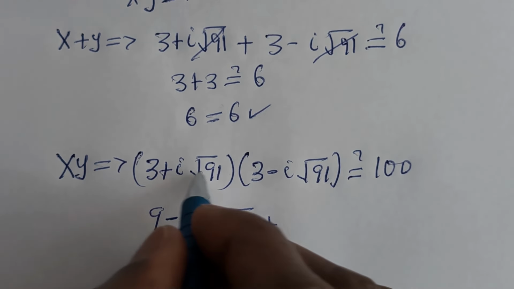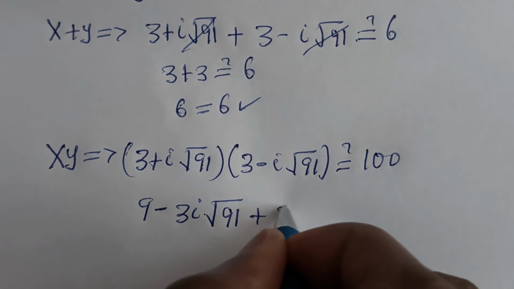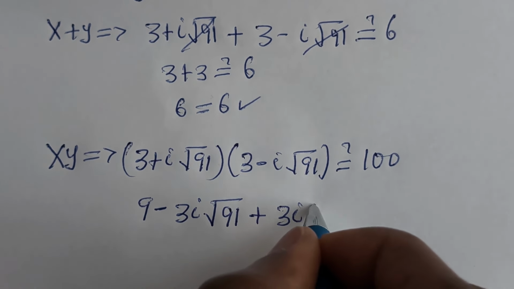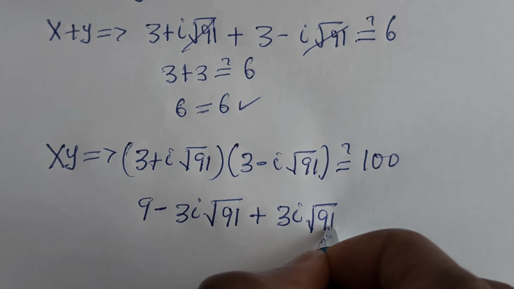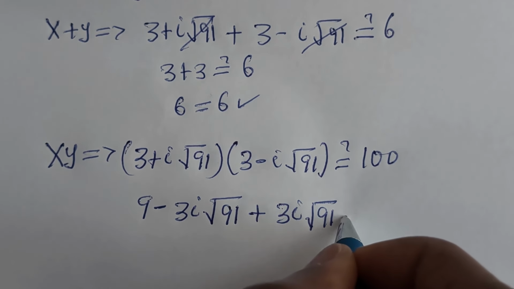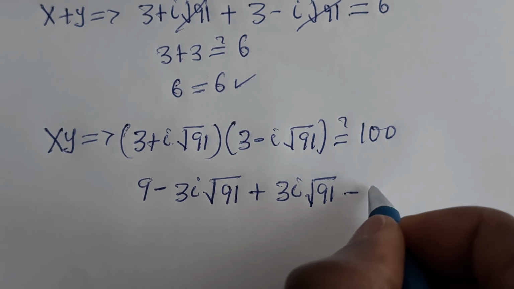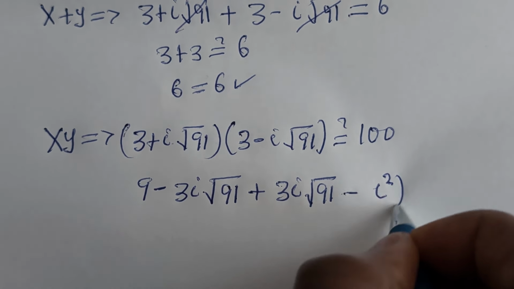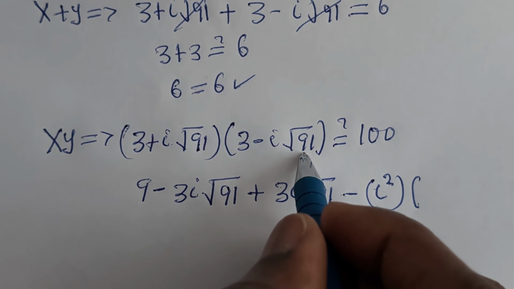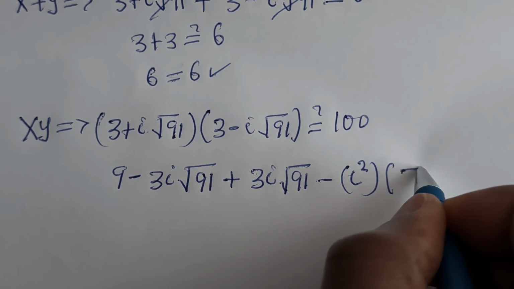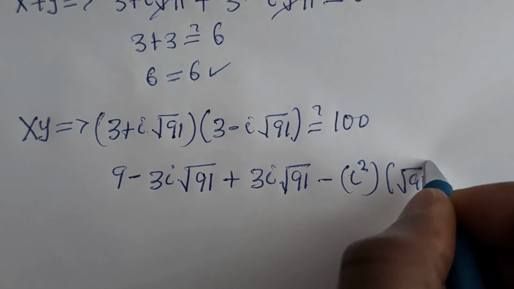Then this is i root 91 multiplied by 3, 3i square root of 91, then minus i times i, i square, multiplied by square root of 91 times square root of 91, this is square root of 91 squared.